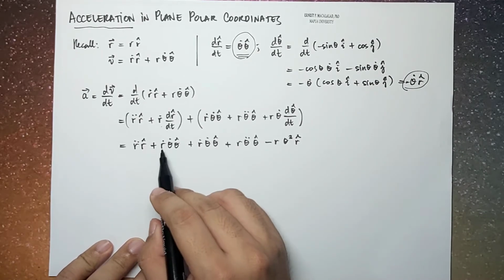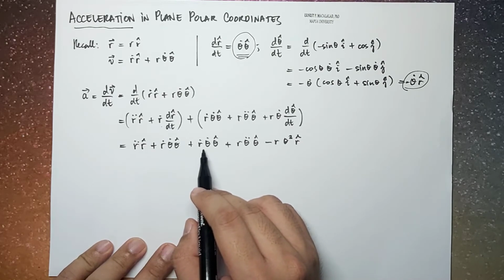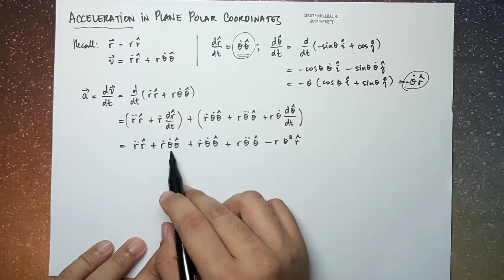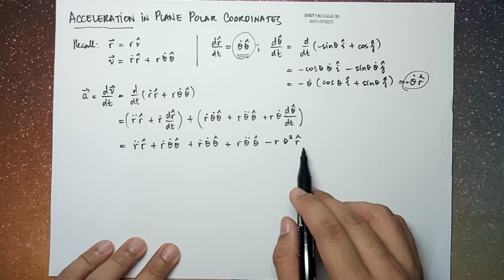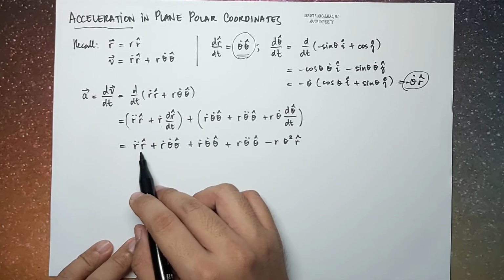You will notice that we can combine these two and then group them with this term because they are all in the theta direction. And then we combine this and this because they are both in the r direction.